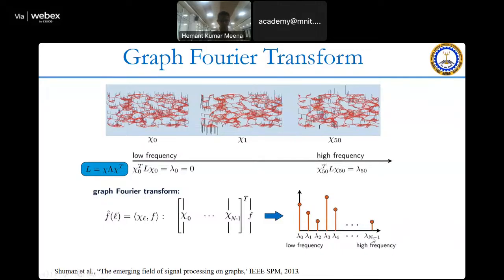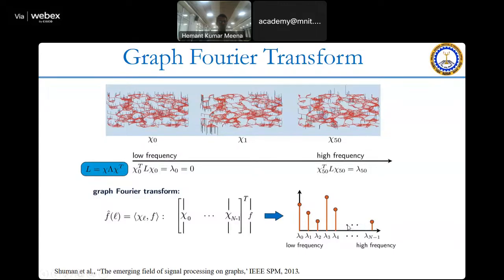You are seeing here that when we are plotting the different eigenvalues, capital N is basically the total number of vertices, right? Yes, it is the number of nodes.